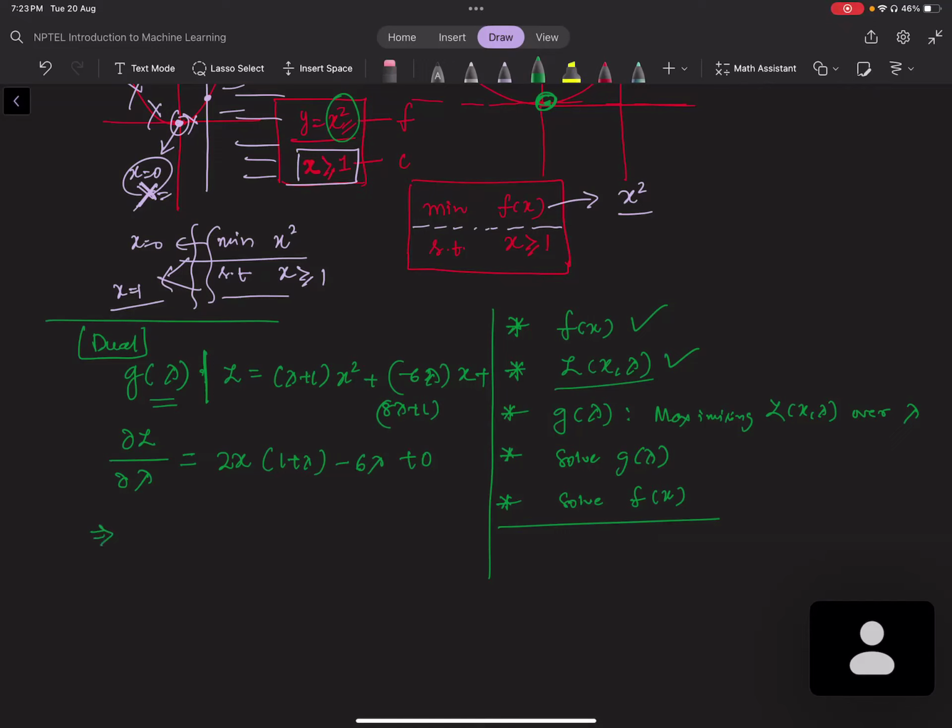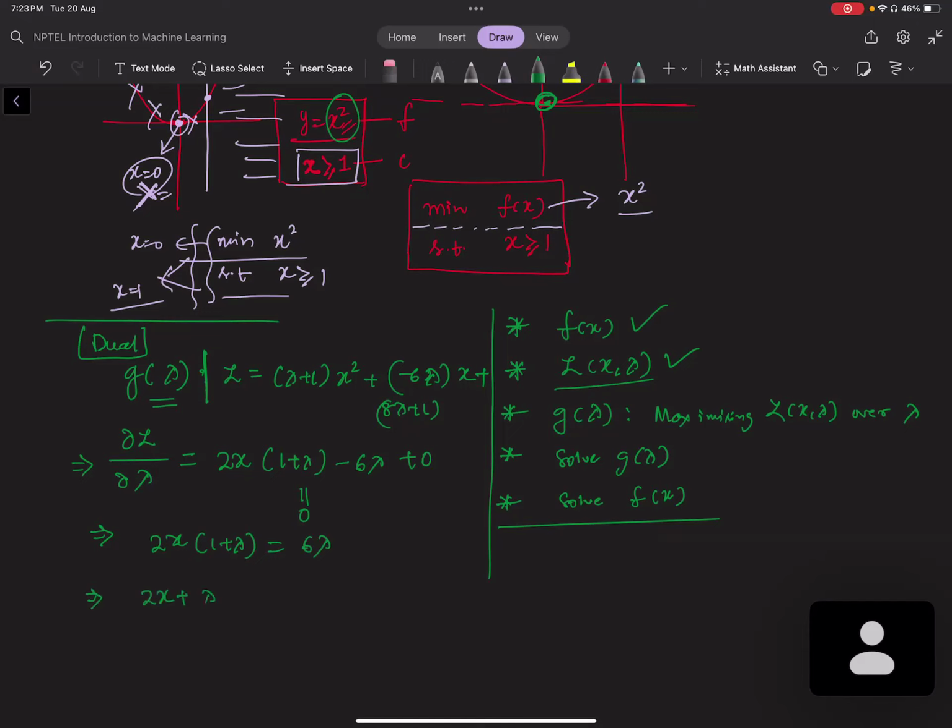For optimizing, we need to equate this to 0. So 2x times 1 plus lambda equals 6 lambda.